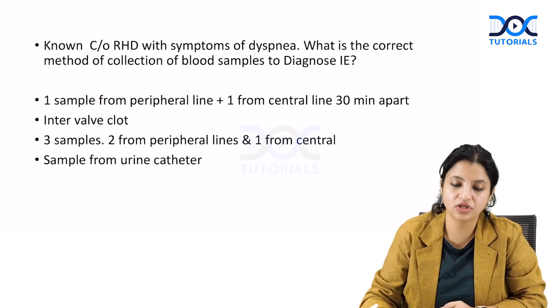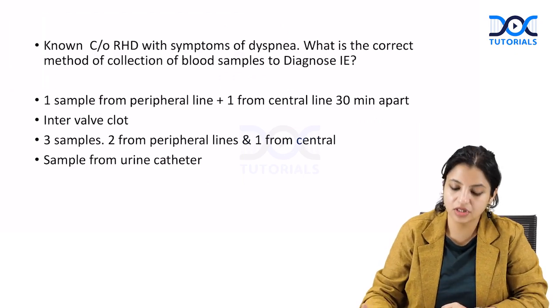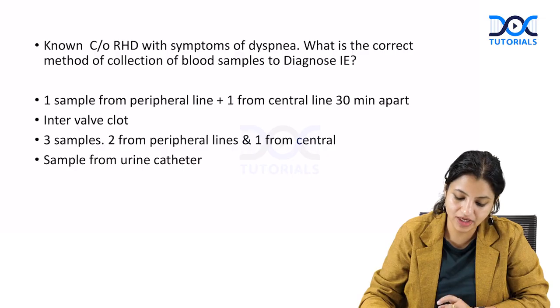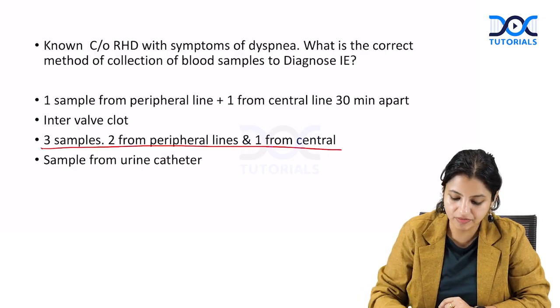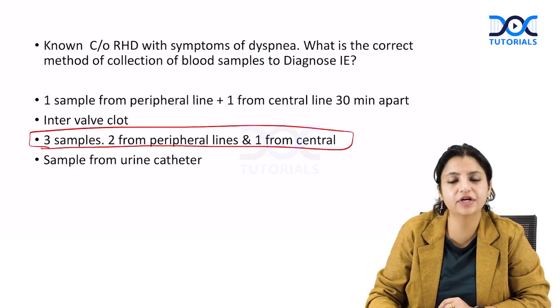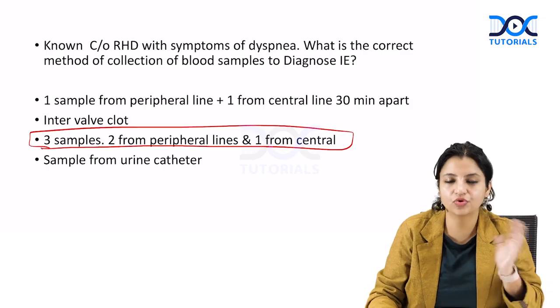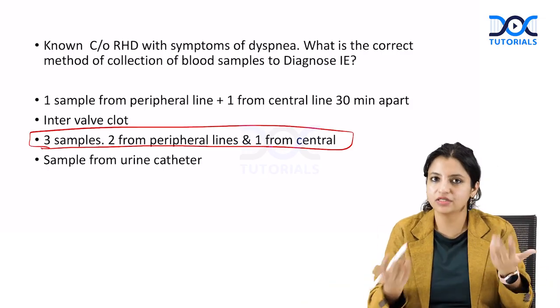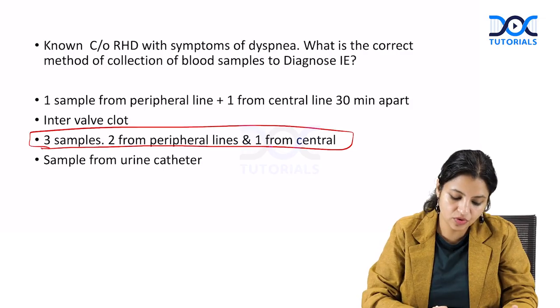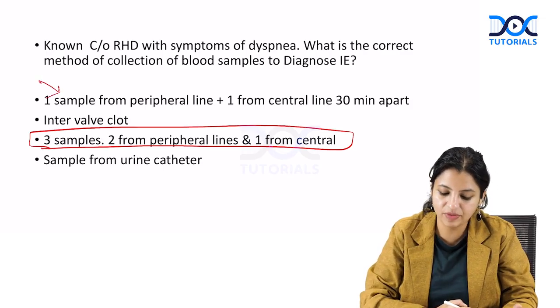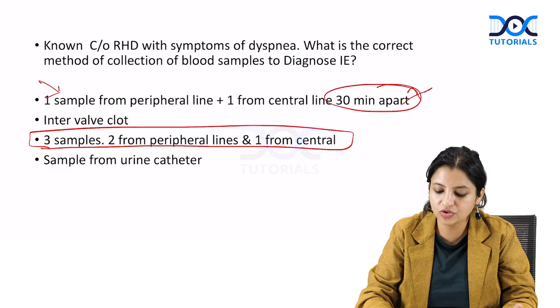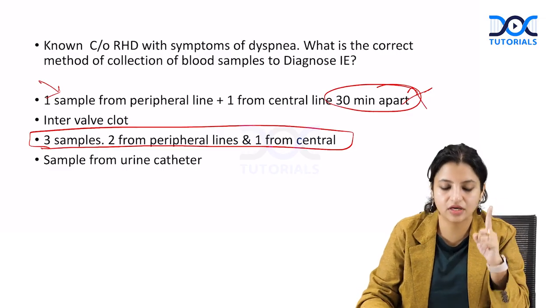Now let's come to the question. So the question was, what is the correct method? Ideally you should have 3 samples from different venipuncture sites. If you're taking 2 from periphery and 1 from central, it's okay. If you go by the option of 1 sample from peripheral and 1 central, 30 minutes is not enough, at least 1 hour difference should be there.